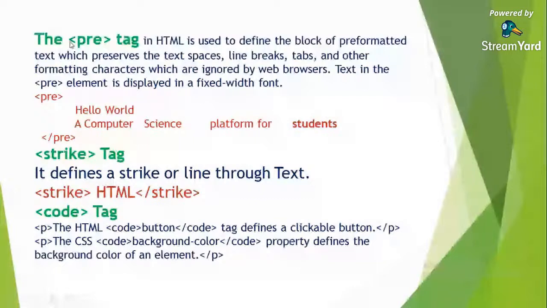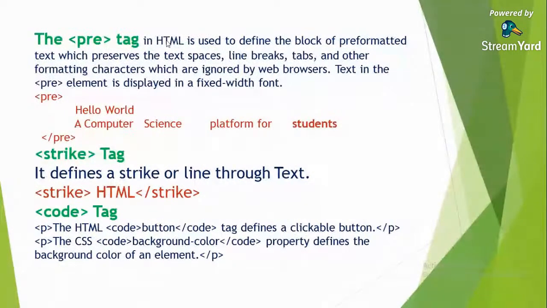That is the pre tag. Now what does it actually mean? Pre means pre-formatted tag. Pre-formatted, what does it mean? Pre-formatted means whenever we are working in a web page, sometimes we write our text in our own font style or own style, but it will automatically be converted into the web page version whenever we display it inside a web page.